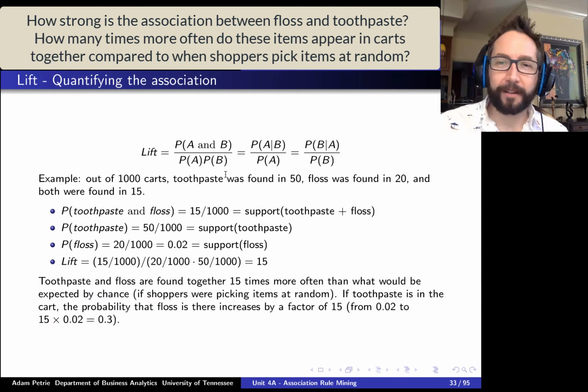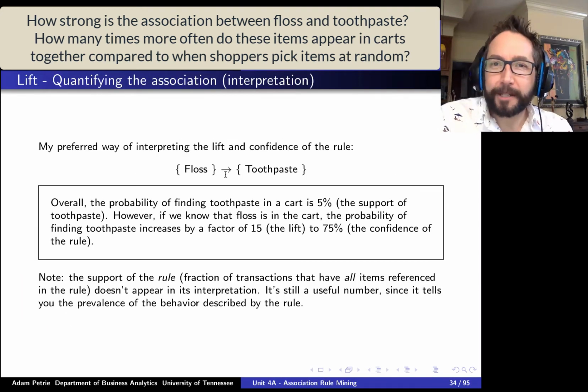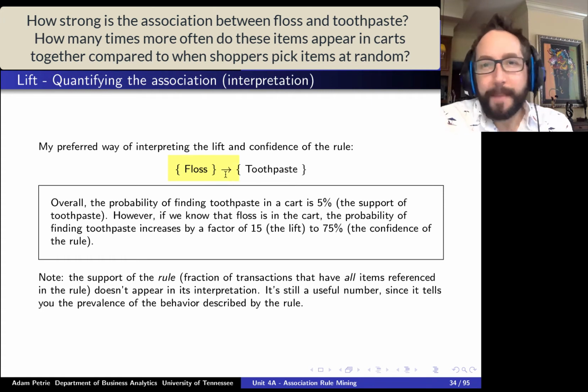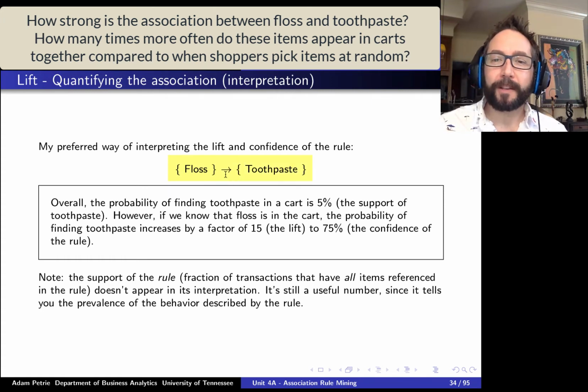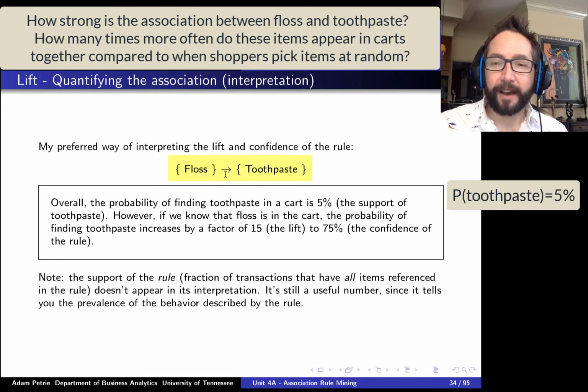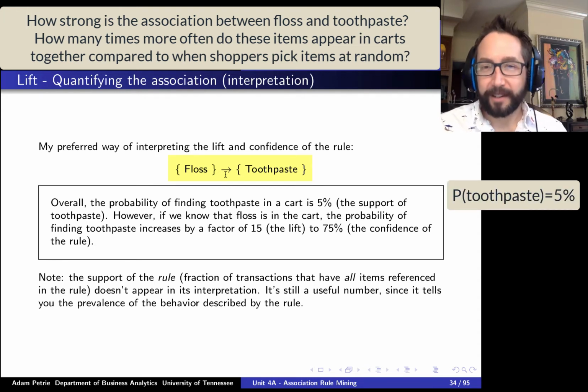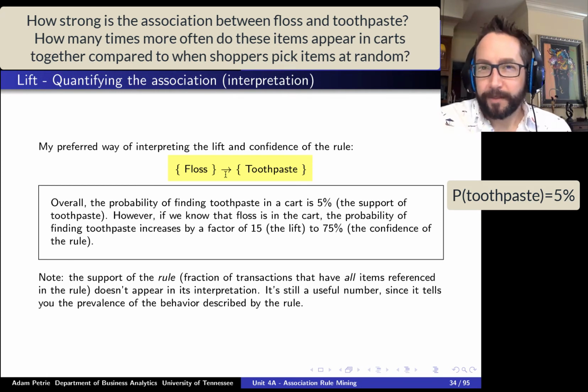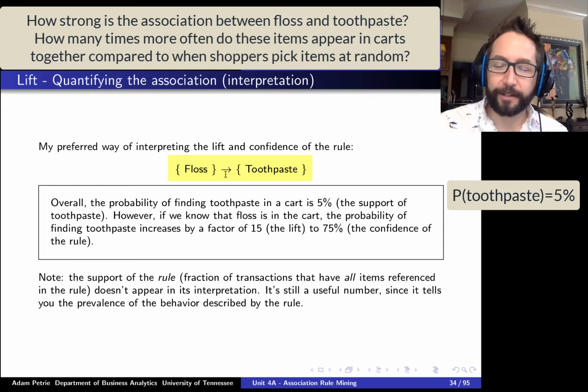So what's another way of setting this up? Well, we could talk specifically about the rule, if a cart has floss, then they might have toothpaste. Remember, fundamentally, the rule is always about the item on the right-hand side of the rule. So the prior probability of finding toothpaste is 5%. How does that change when we know that floss is in the cart?